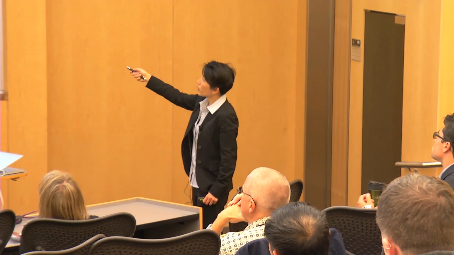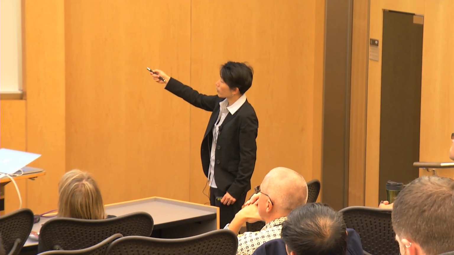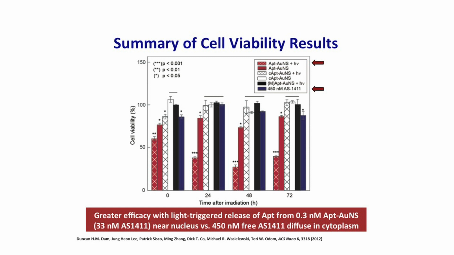What's interesting is, if you look at, say, 48 hours after release, you can see that the cell death has increased to about 60% with the drug release, compared to the free aptamer, which is at 10 times the concentration, where there's been very little cell death. What this means, and I'm sorry this is a lot of text here, is that at the concentrations we're using for treatment, if you released 100% of the aptamer, it would be about 33 nanomolar, which is very low.